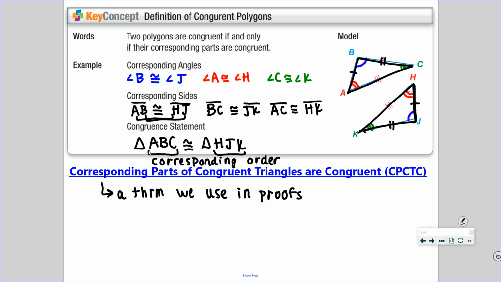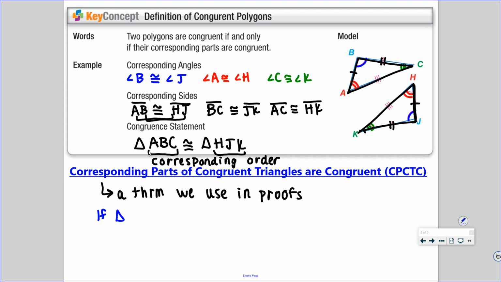Corresponding parts of congruent triangles are congruent. Okay. So if we knew this congruency statement, if we knew triangle ABC is congruent to HJK, then we know all their corresponding parts, whether that's angles or sides, are congruent. If we know these two are congruent, you could pick out any angle or any side, and the corresponding ones will also be congruent.